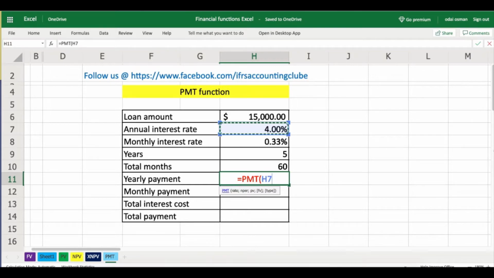Then we should include the number of periods, which is 5 periods, 5 payments, and we do have the present value of $15,000. We don't have the future value and the type would be 0. Then we need to close the parentheses and hit enter.